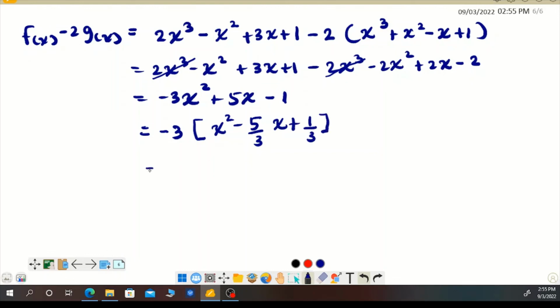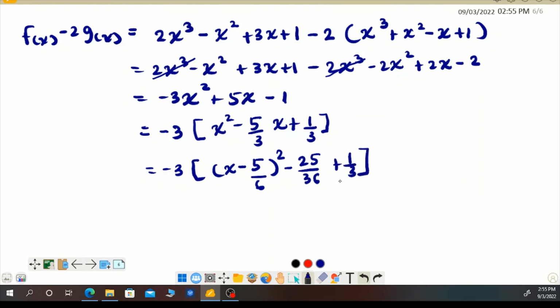Then I take the x from the x squared and the sign of the coefficient of x, minus, and divide the coefficient of x by 2. So 5 divided by 3 divided by 2 means 5 divided by 6. Then I close the bracket, complete the square. Then negative mark and the square of the inner term. So 5 divided by 6 squared means 25 divided by 36, plus 1 over 3.